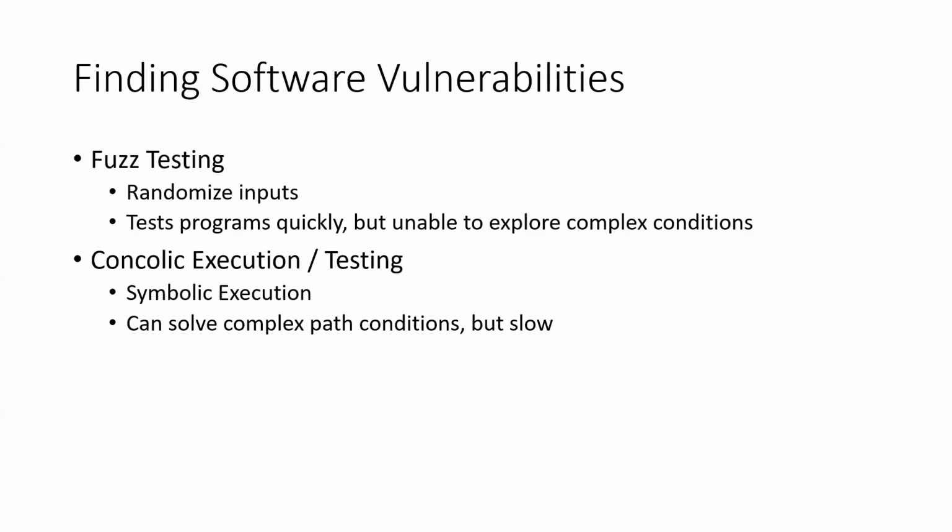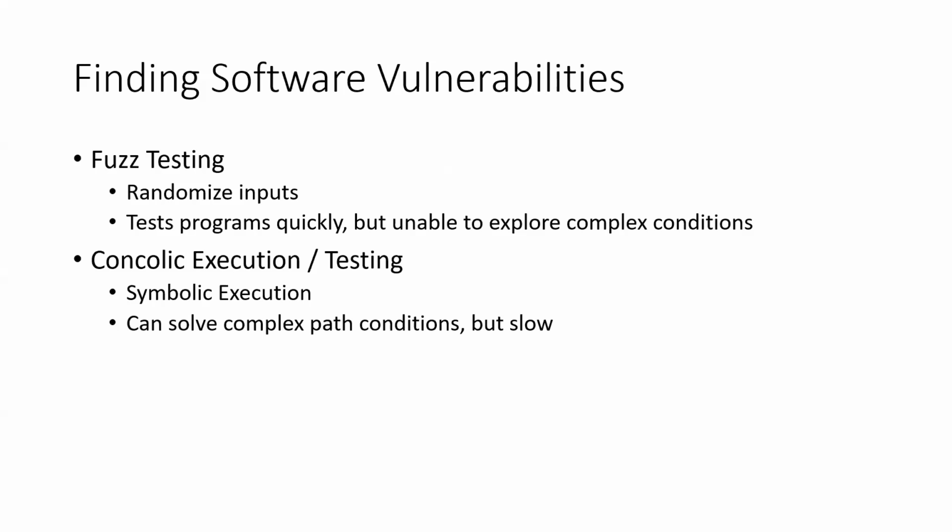One way to solve this is concolic execution, which uses symbolic execution to find the path conditions that reach hard-to-reach code, so it can solve complex path conditions.